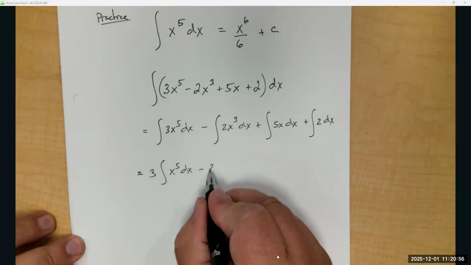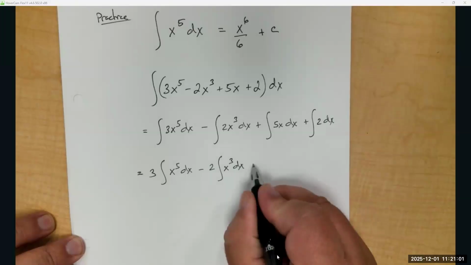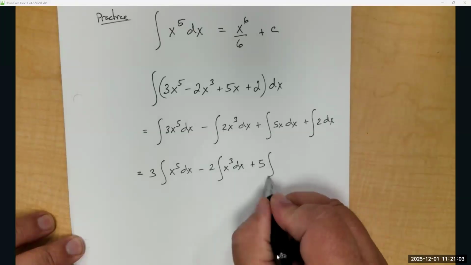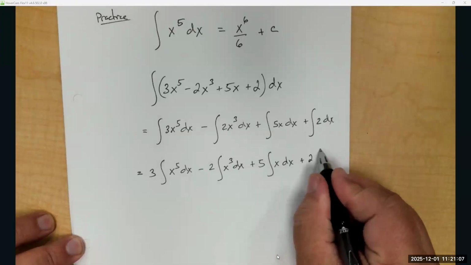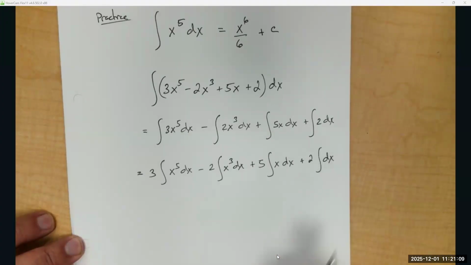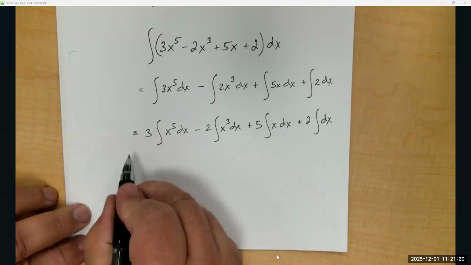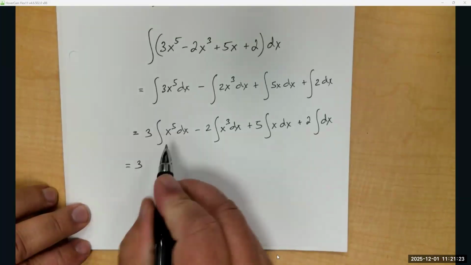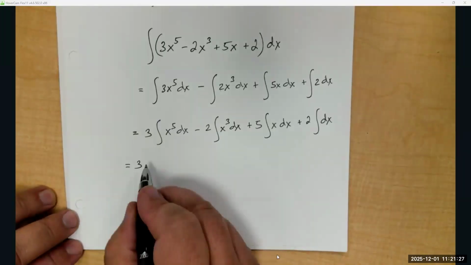The 2, since it's a constant multiple, so I took all the constants, the coefficients, out of there. So what's the integral of x to the 5th?